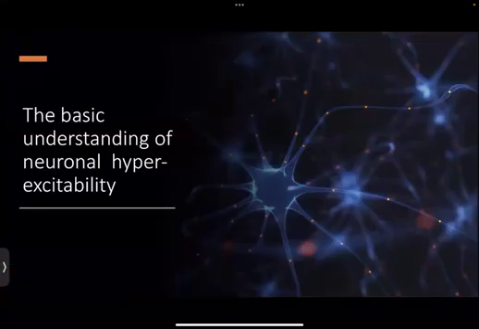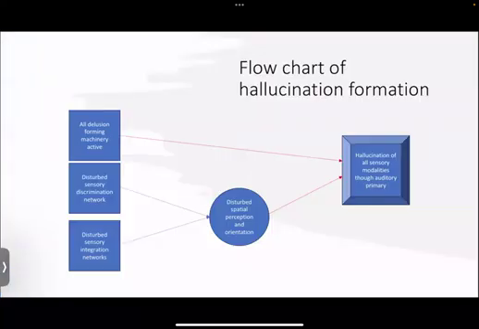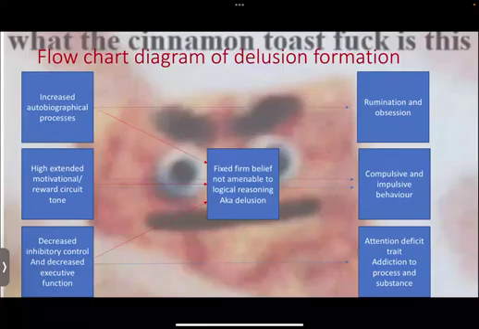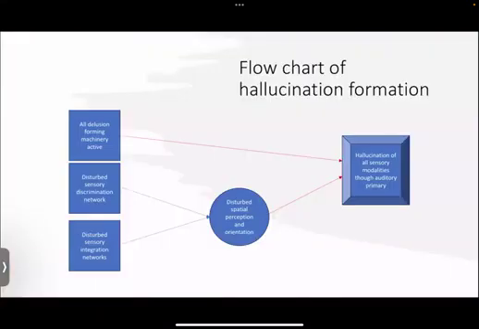And the basic schema, this basic flowchart would come. So any network that is included here, if they are disturbed, then this thing would occur. If any network that are included in these areas, then this thing will occur.